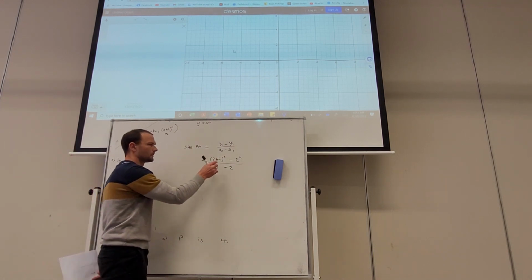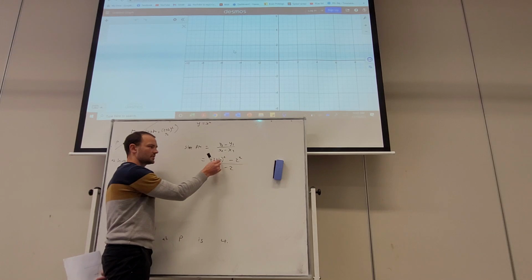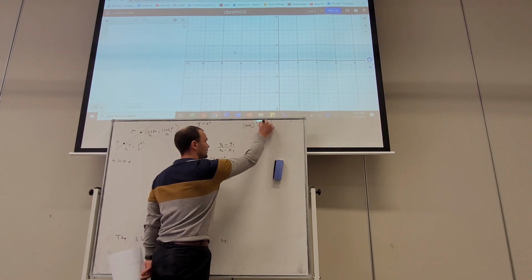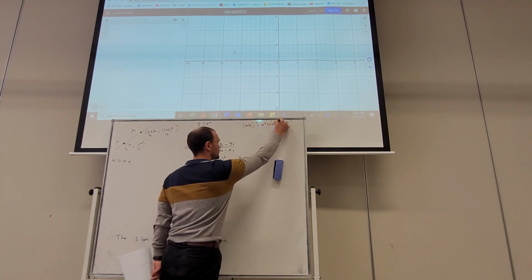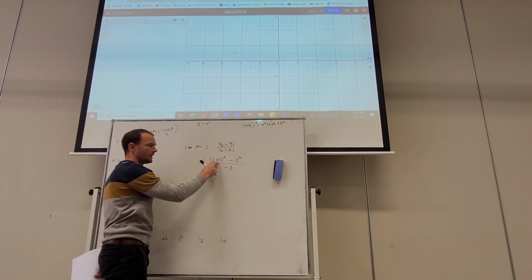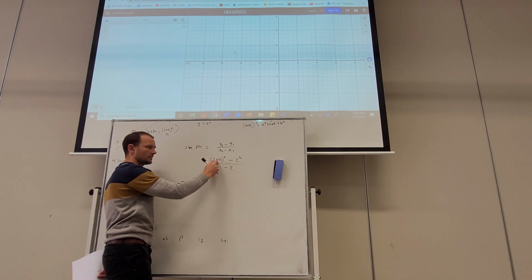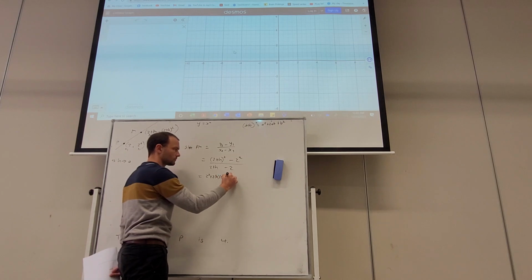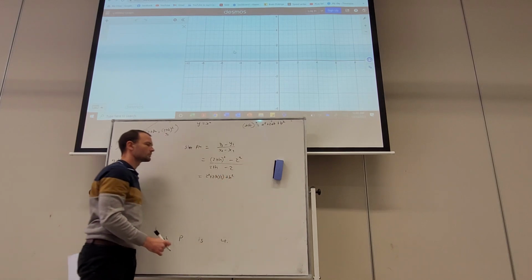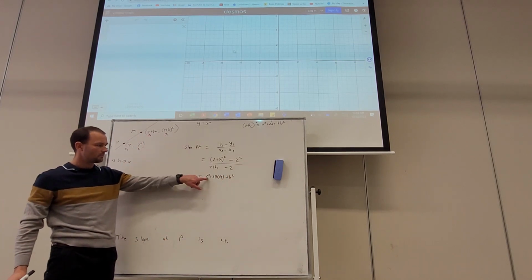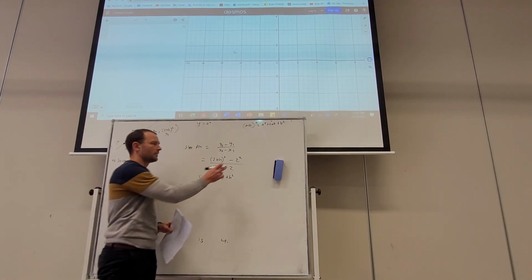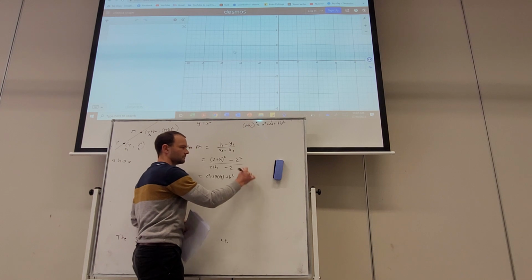Okay, so we're going to expand this using the perfect square rule. I'll write it up again, I've rubbed it out before. So if we have 2 plus h squared, it's going to become 2 squared. Alright, a squared plus 2ab plus b squared. Then we have take away 2 squared is 4.